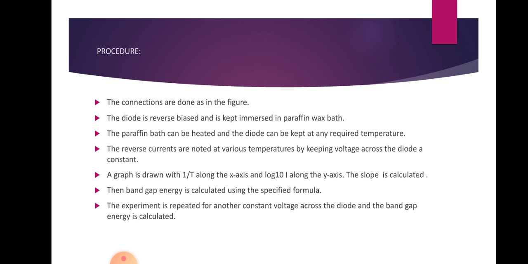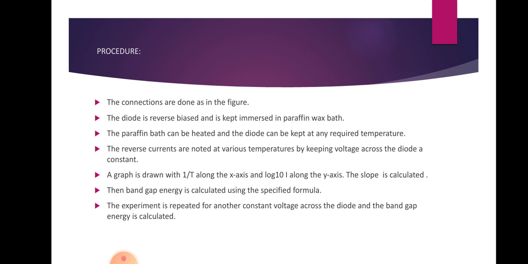This paraffin wax is taken inside a test tube, and this arrangement is completely dipped inside a beaker that contains water, and it will be heated. Also a thermometer is kept inside the paraffin bath in order to get the corresponding temperature. Then we note the reverse currents at various temperatures by keeping the voltage across the diode at a constant value.